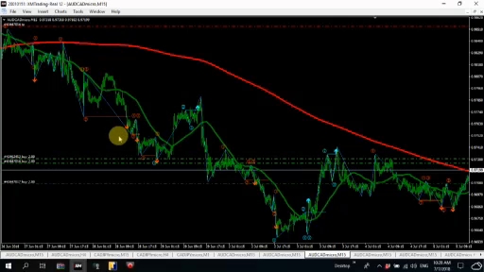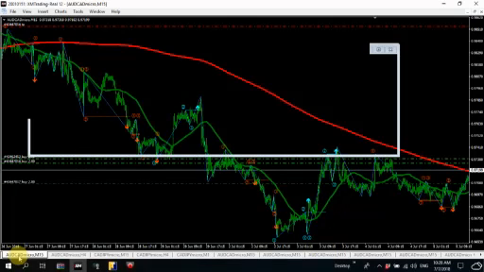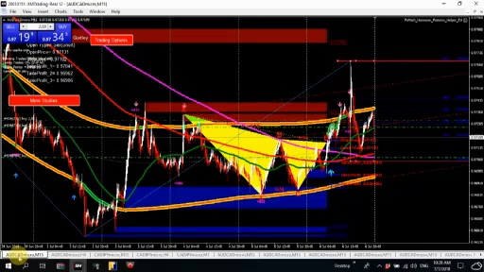So here, as those patterns get completed, it signals you to come and open your trade. These are the moves that you will not even see properly if your own strategy is long-term trend following.